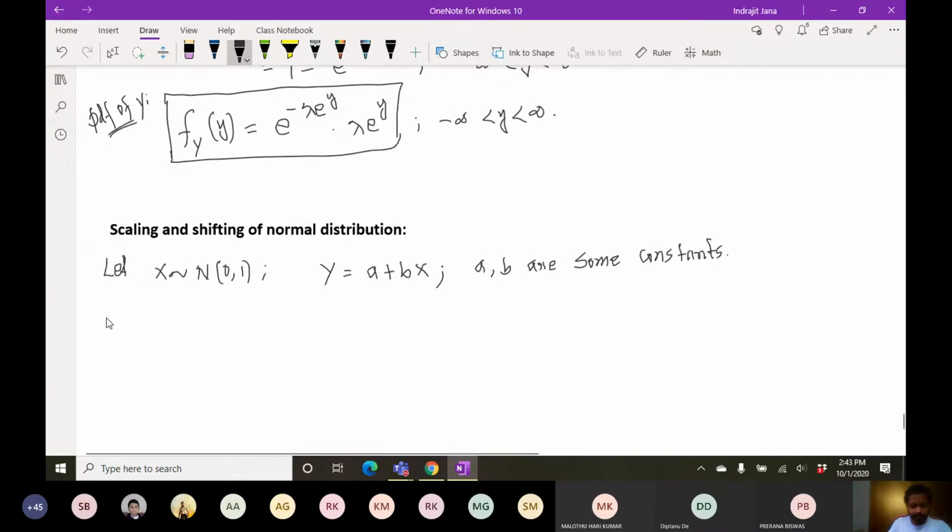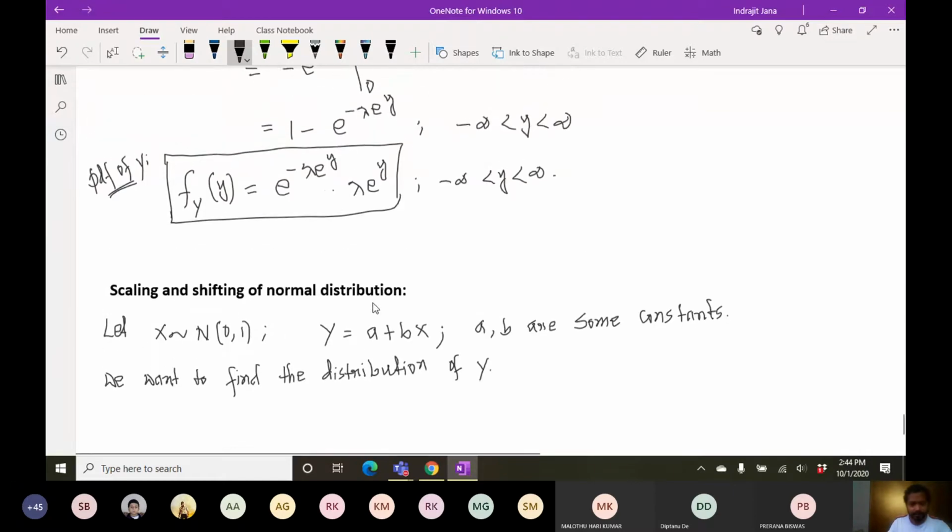Now what we want to do is find the distribution of y. So x is a random variable, obviously y is a random variable, y is some function of x.